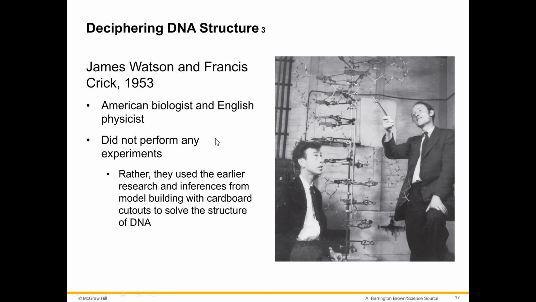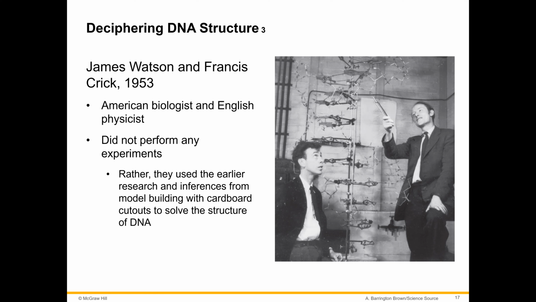They did not perform any experiment, but rather they used their earlier research that we just discussed, right? And inferences from model building with cardboards and cutouts to solve the structure of DNA. So at that point, they were theoretical scientists who just analyzed all the information that was available, right?